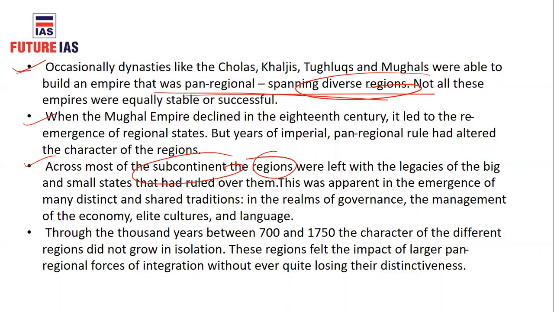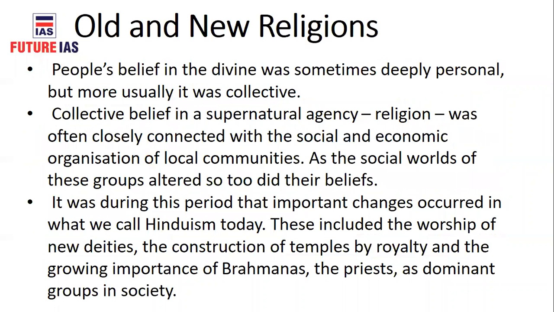Over thousands of years, between 780 and 1750 AD, the characteristics of these regions grew into different forms, because pan-regional forces started integrating themselves without losing a certain distinctiveness, which further led to the evolution of distinct regions.